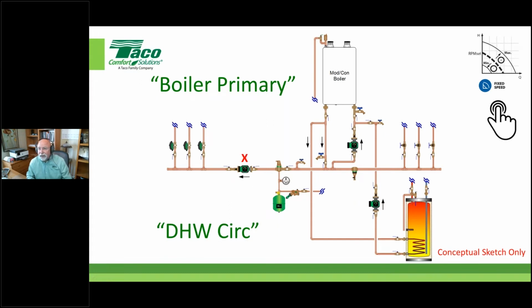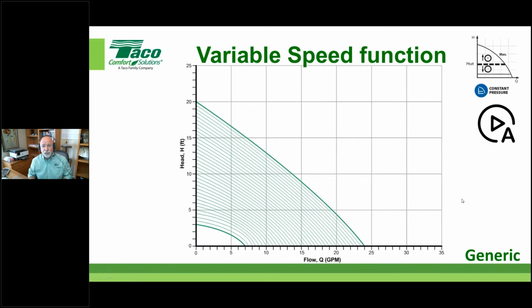So fixed speed is not typically appropriate for that system circulator, but by all means for the boiler circulator as well as the DHW or any heat exchanger that we're feeding, like snow and ice melting and things like that. There are sometimes where you might vary the speed on those, but generally speaking, you're going to do fixed speed on those heat exchanger applications as well.